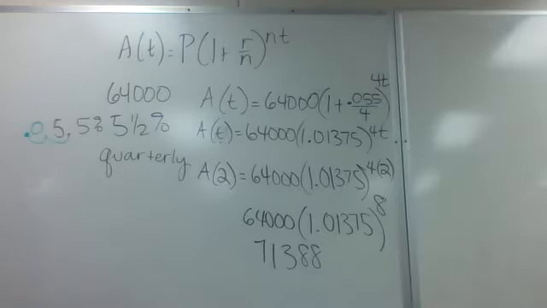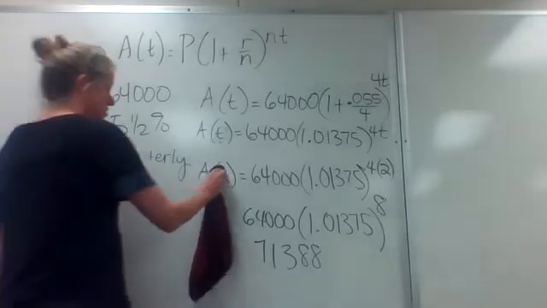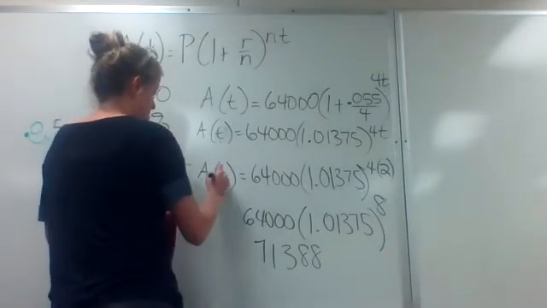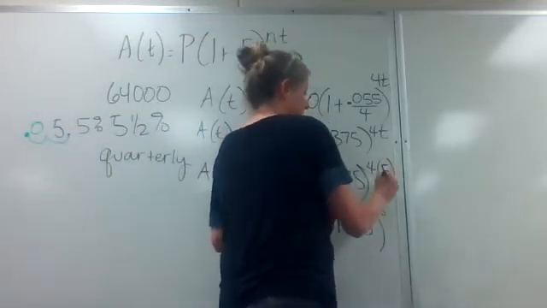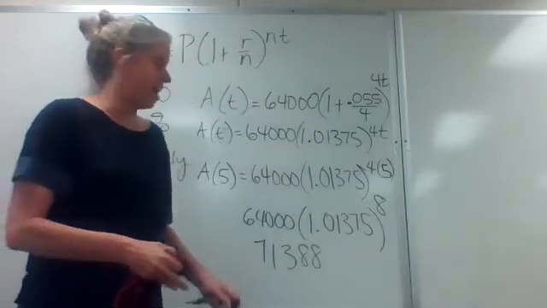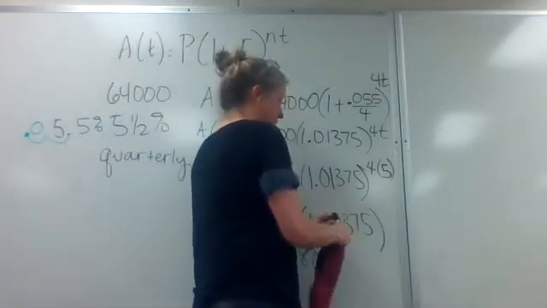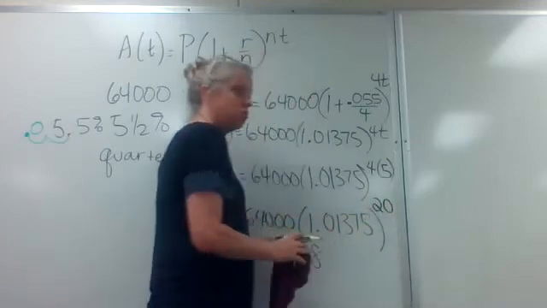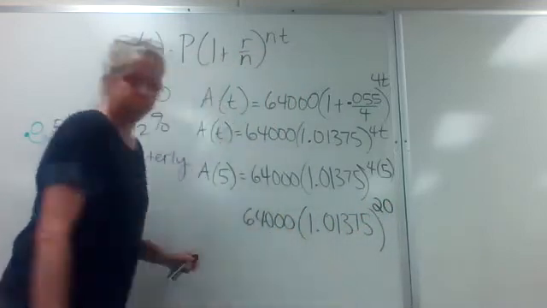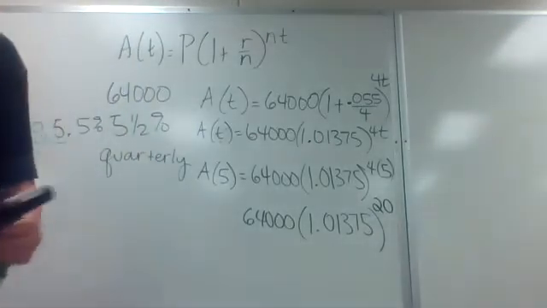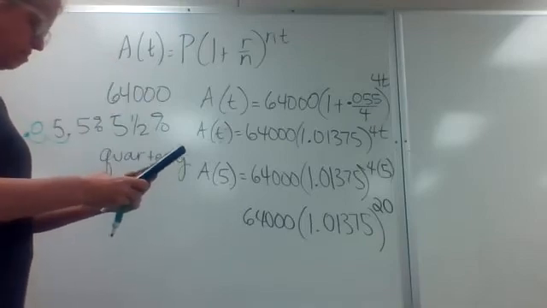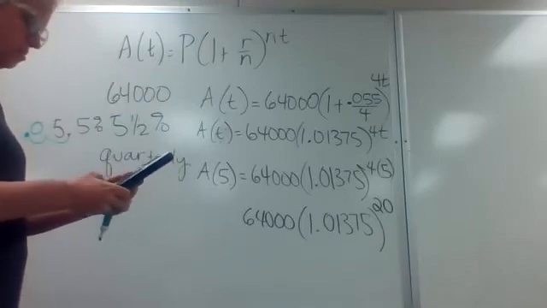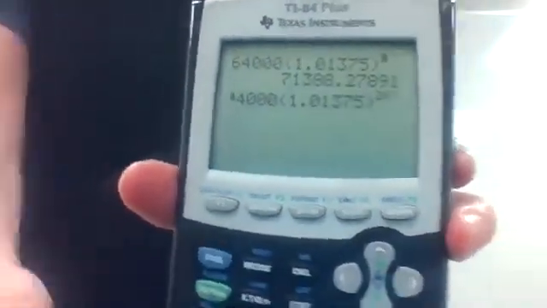And it says t equals 5. So 5 years. Again, all you're changing is what's in the exponent. So now it's 4 times 5 in your exponent, which means now your exponent is 20. So 64,000, open 1.01375, close, and go up in your exponent and put 20.